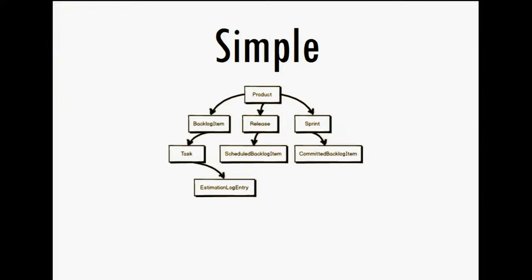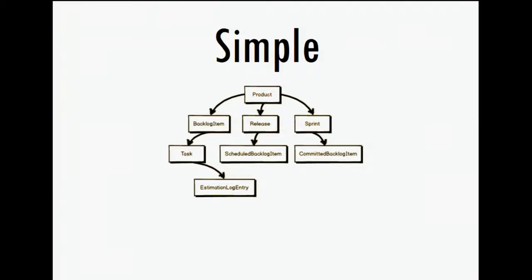And within a product, you have backlog items. And those backlog items, as many of you are aware, contain the stories and tasks necessary to complete a portion of the product.